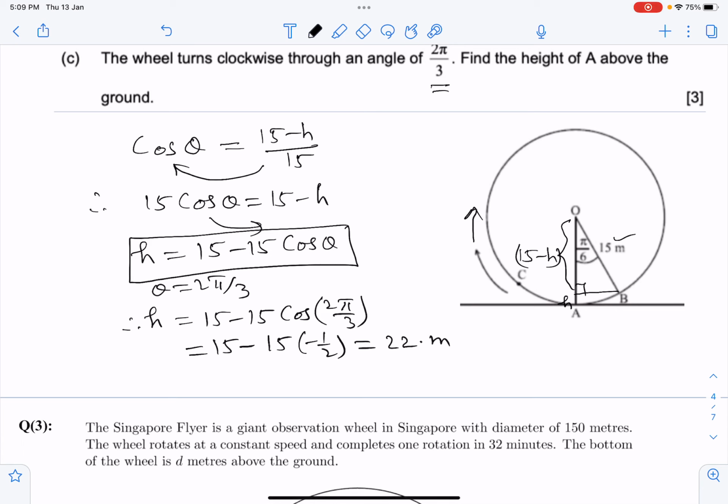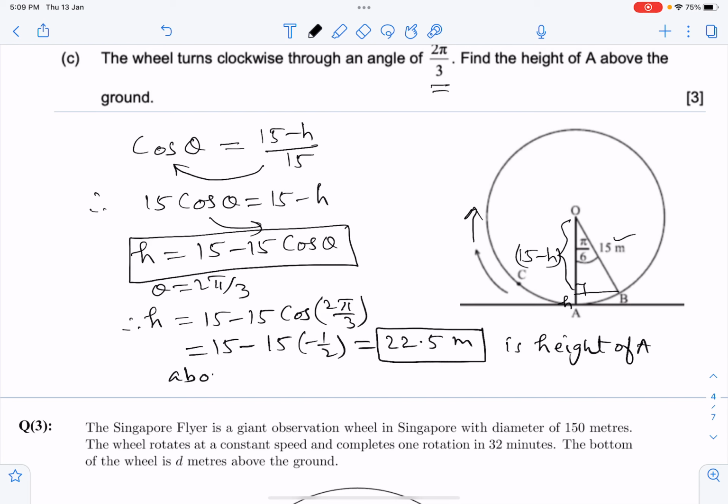So 22.5 meters is the height of A above the ground. Okay. So was this difficult? I think all of you will be able to do it. It was never difficult.